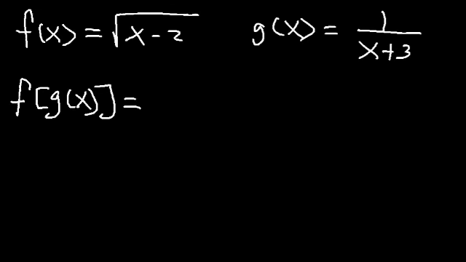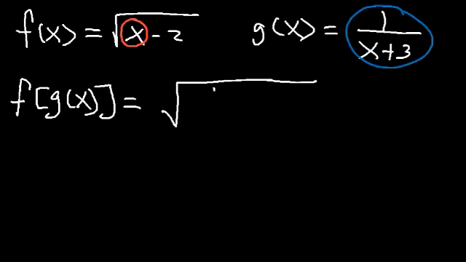So g is inside of f. So f is going to be the square root of x minus 2. But let's replace x with 1 over x plus 3. So it's the square root of 1 over x plus 3 minus 2.